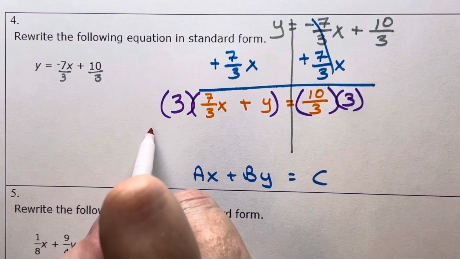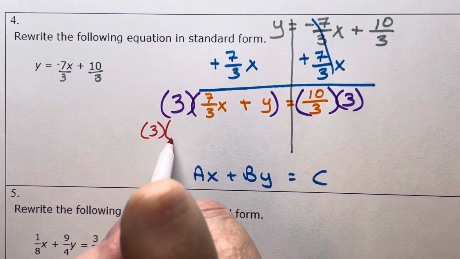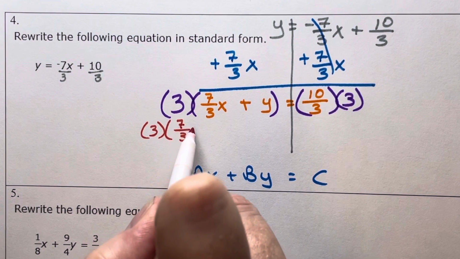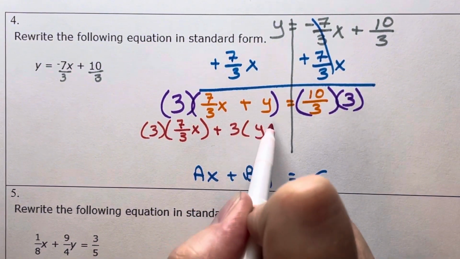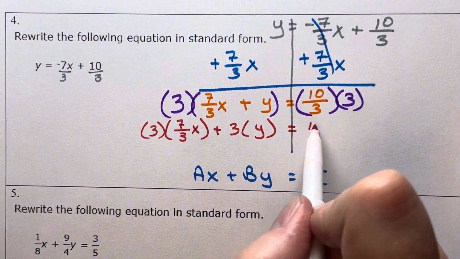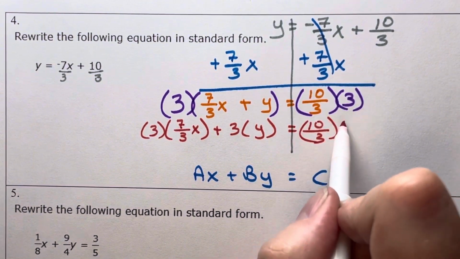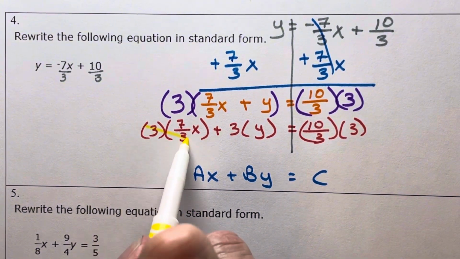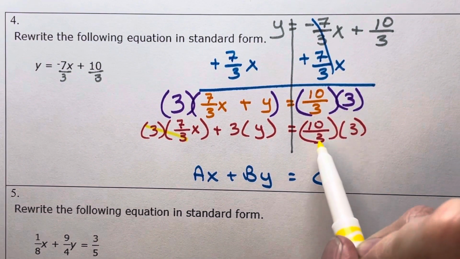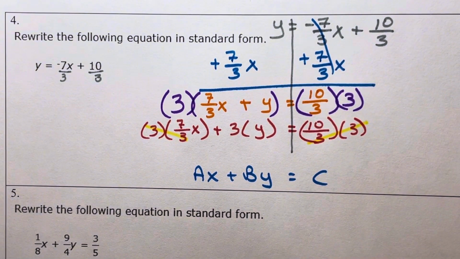What does that look like? It means I have 3 times 7/3 x plus 3 times y equaling 10/3 also times 3. So where I have 3's on a denominator, those were intentionally designed to cancel out. That was the whole point.